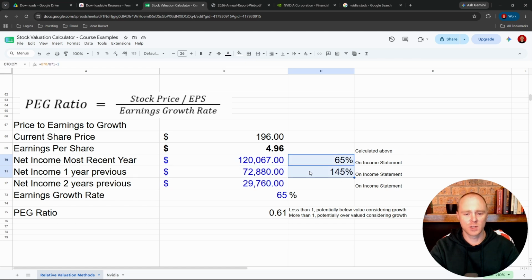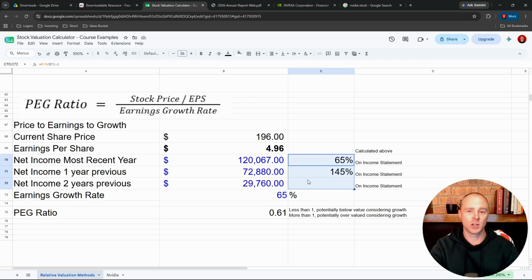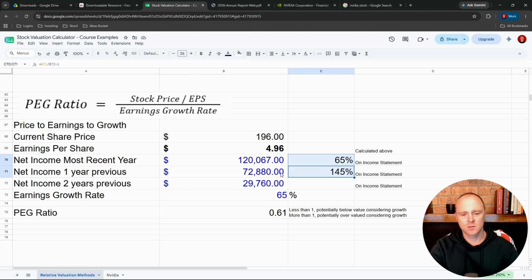Now what I want to do is, all I'm doing is seeing how has this grown. So it's grown 145%. And over the last year, it's grown 65%. So find the general trend, what's going on with these numbers. And just for this example, let's just plug in 65, even though we know that this growth rate is slowing down.